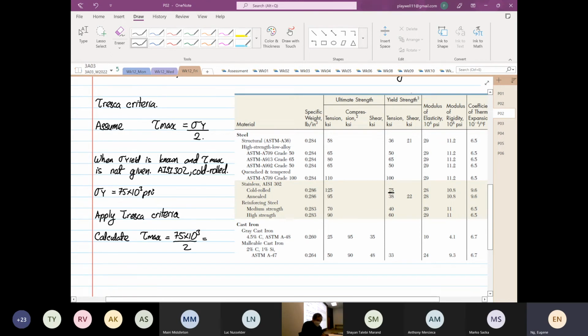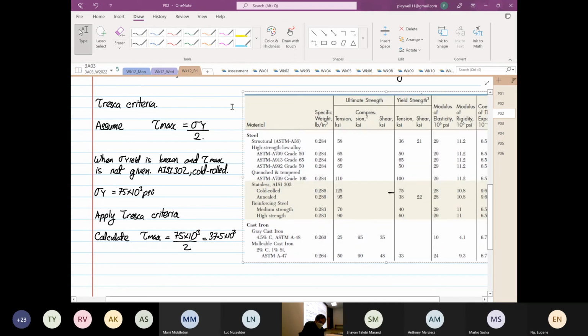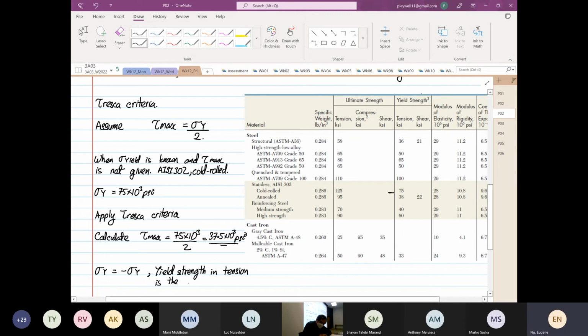This is equal to 37.5 times 10 to the power 3 psi. And not just that, you can also state that the stress U is equal to minus stress U, i.e., the U strength in tension is the same as in compression.